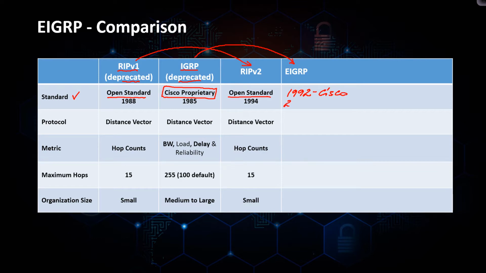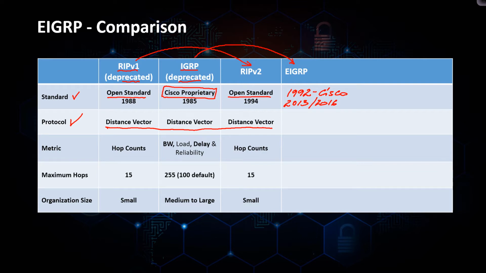But in the year 2013, Cisco released it to the public, and in 2016, it was published in RFC 7868 as an open standard routing protocol. Speaking of protocol, that is next on our list. All three of these routing protocols are classified as distance vector.